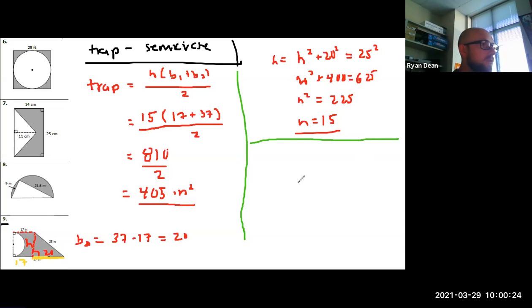Now for the semicircle, the semicircle is pretty easy because we already know the diameter of it. The diameter is the height of the trapezoid. So for the semicircle, the radius is going to be half of 15, which is 7.5.